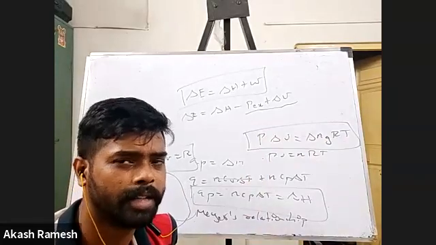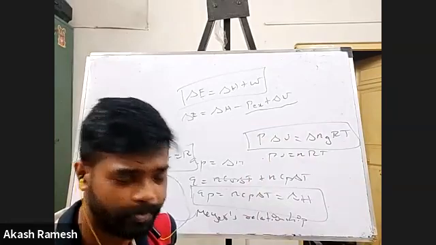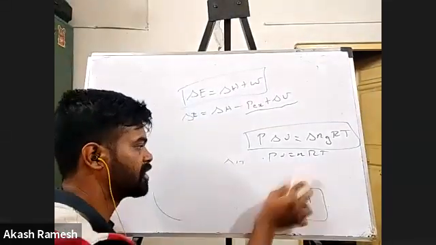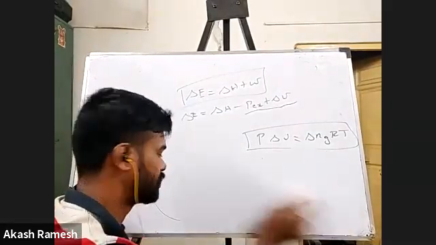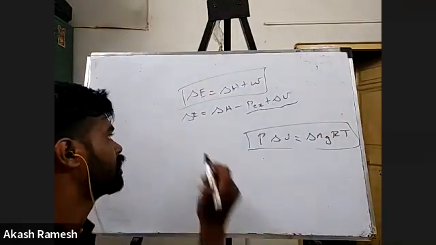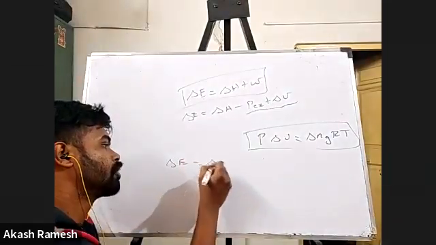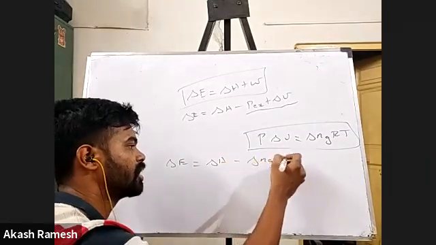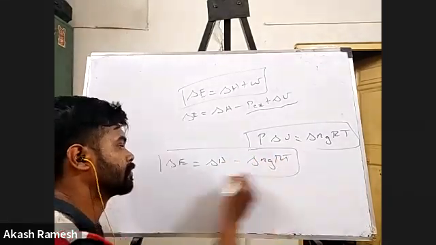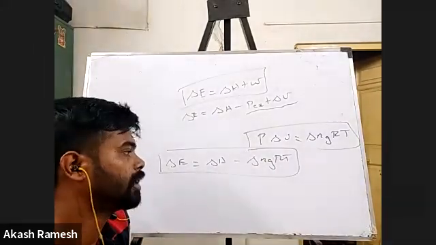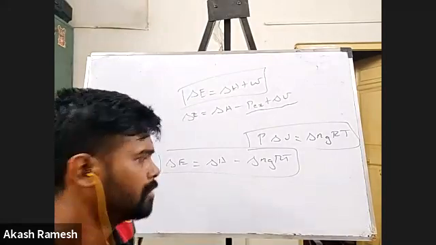Now, what is this delta Ng? That is the next question. It's very simple. I'll tell you. First, let me substitute it in the equation, then I'll tell you what this delta Ng is. If I substitute this in this equation, I have delta E is equal to delta H minus delta Ng RT. Now, what is this delta Ng? Very, very simple.